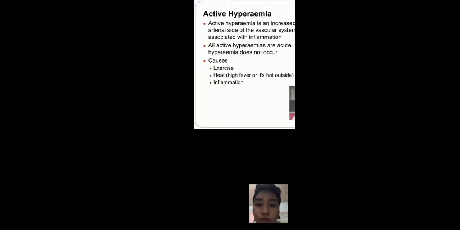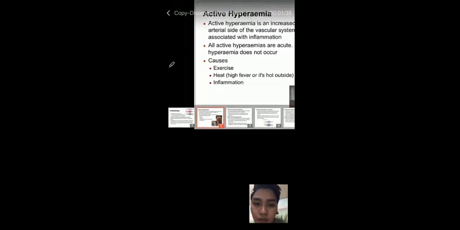Active hyperemia usually happens when the body needs more oxygen or blood in just a specific area. It can be observed when someone is exercising, when someone has fever, or when it's just hot out.